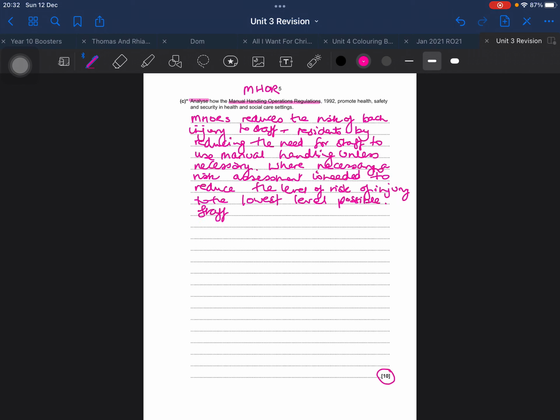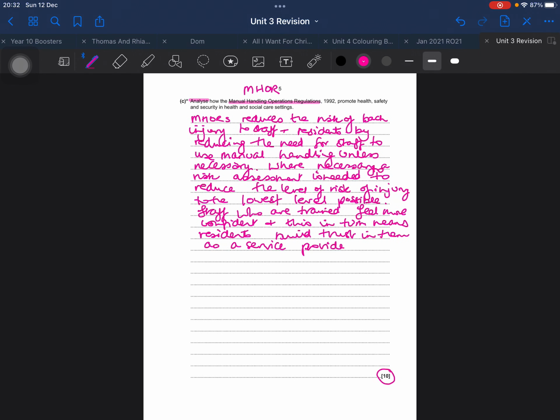So staff who are trained feel more confident, and this in turn means residents build trust in them as a service provider.